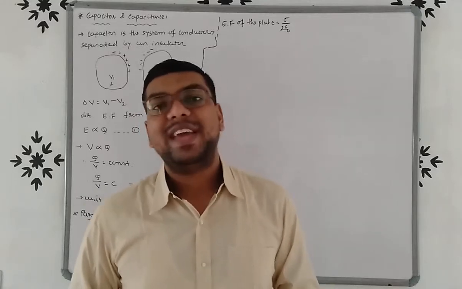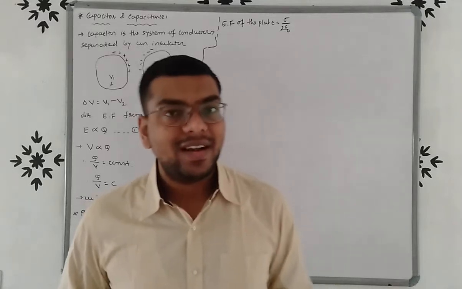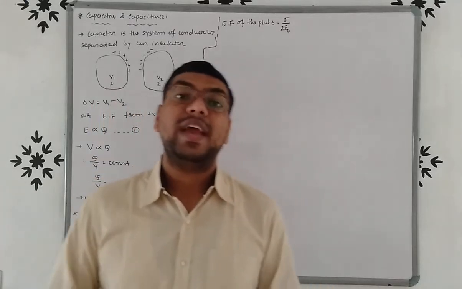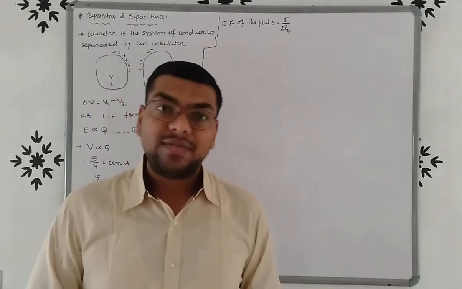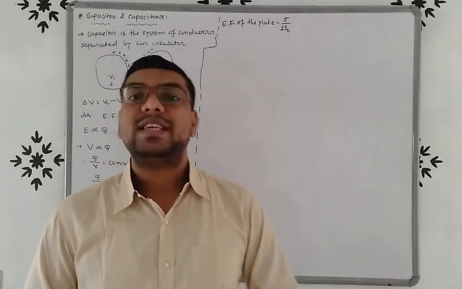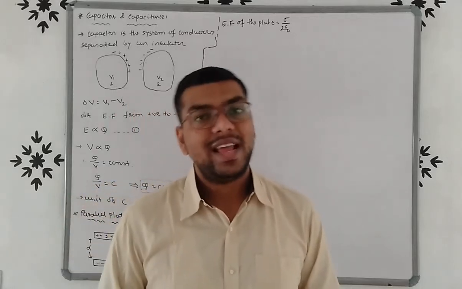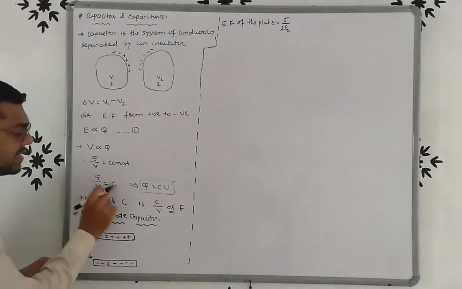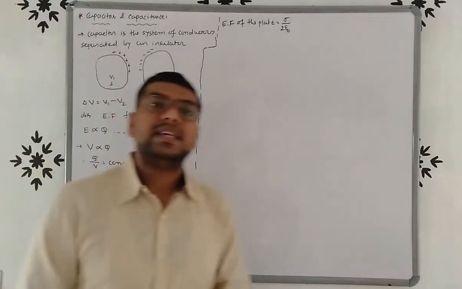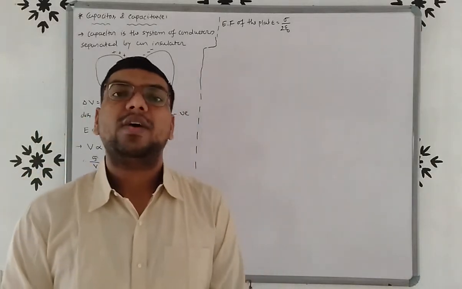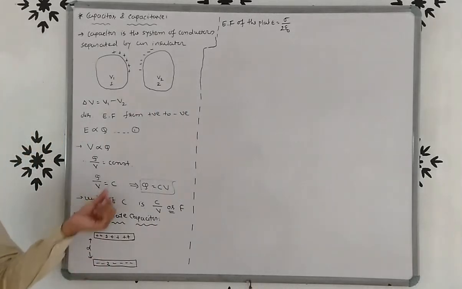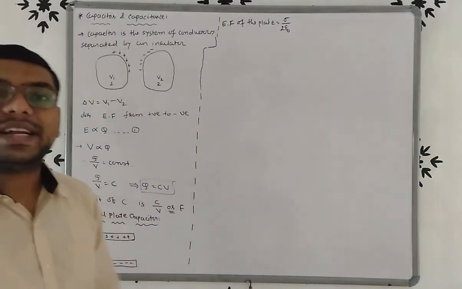So first we find the electric field, then V is equal to E d gives the potential, and then with the help of the formula Q by V is equal to C, we can easily find the formula of capacitance. So first of all, to find capacitance, we have to find the electric field.